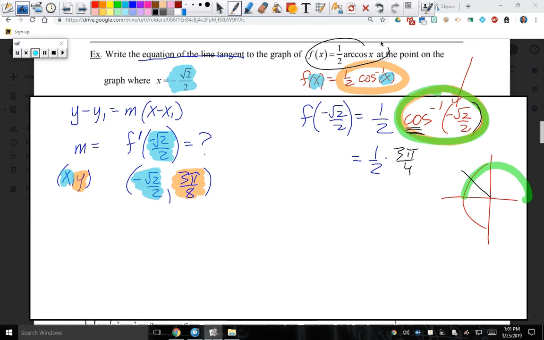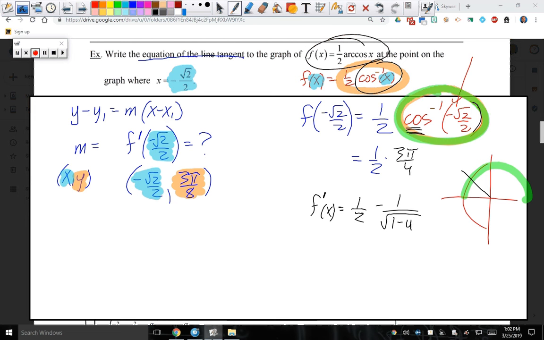We're going to derive this. We're going to get f prime of x. Okay? Constant multiple rule, that 1/2. Just put 1/2 to the side. What is the derivative of arc cosine of x? You learned it today. The negative 1 over the square root of 1 minus u squared, right?